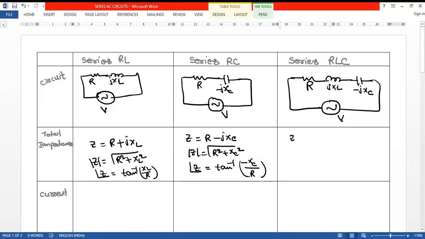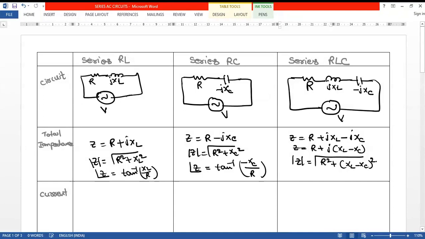Here Z is equal to R plus jXL minus jXC. From this, Z is equal to R plus j, if we take j common, we get XL minus XC. The magnitude of Z is equal to square root of R square plus XL minus XC whole square.